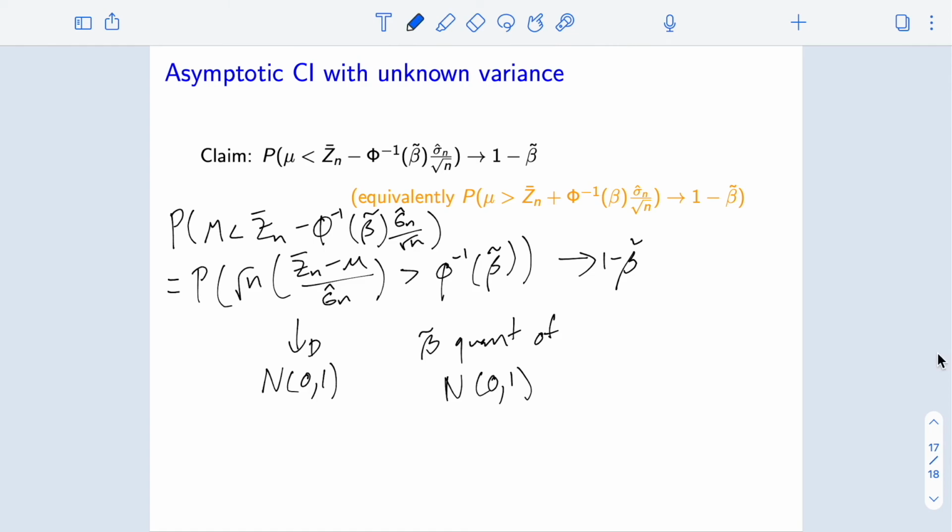So now we're done, and I think one thing worth noting is that often we will see calculations where the left-hand side is converted to a form like this, where we are looking at a zoomed-in version of sample mean minus truth divided by estimated standard deviation. Now, this is very common because we know asymptotically that this converges to a normal 0, 1, and then we can do all our calculations involving a normal 0, 1.